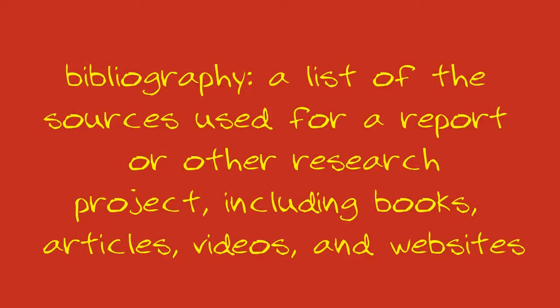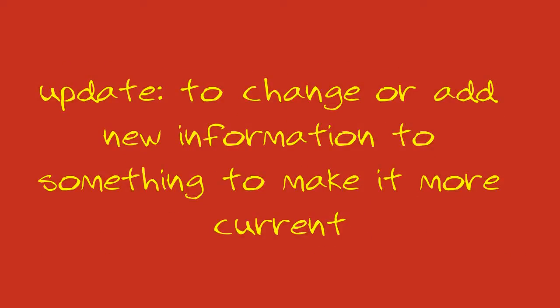A bibliography is a list of the sources used for a report or other research project, including books, articles, videos, and websites. Update means to change or add new information to something to make it more current, for example, a website.